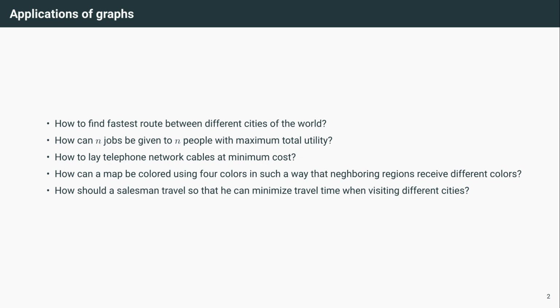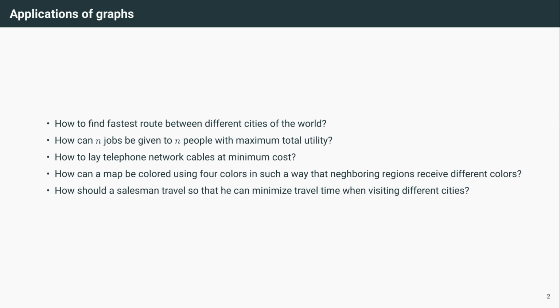Now another problem, the third one, is that suppose in your country you have to lay down network cables or telephone lines or electricity lines, or even roads. How will you do it in such a way that it costs minimum?